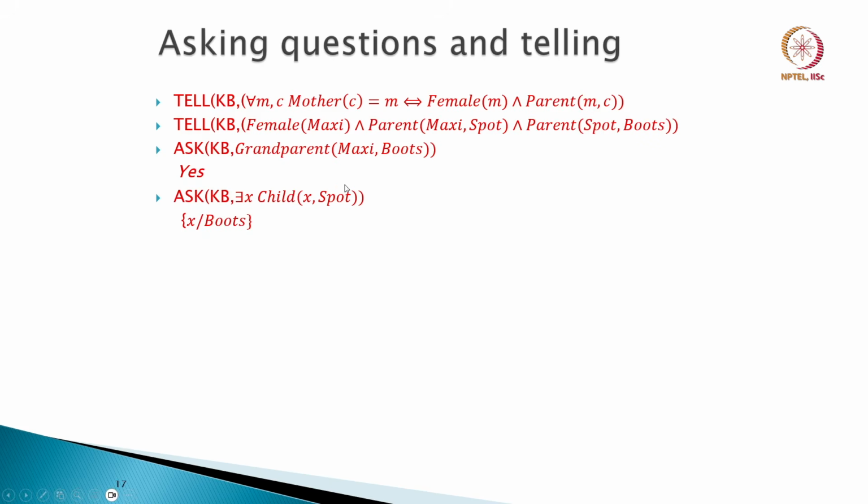We can take this particular example where you are telling the knowledge base this information: for all M, C, mother of C is equal to M implies that female M, so M is a female and is a parent of C. And you are also telling it female Maxi, parent Maxi Spot, and parent Spot Boots, right? And you ask the knowledge base whether grandparent Maxi Boots.